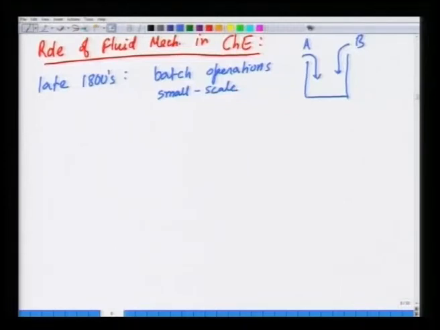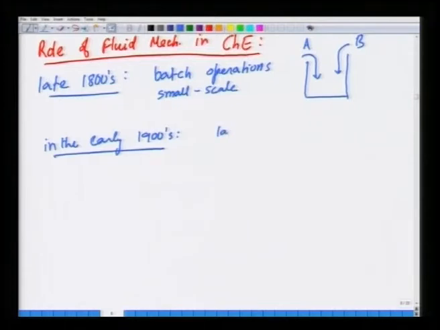As the discipline grew, in the early 1900s, there was a necessity for large scale production of chemicals and fertilizers and petrochemical production of chemicals.